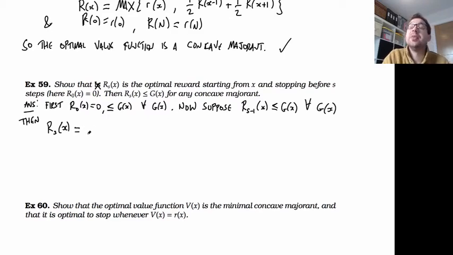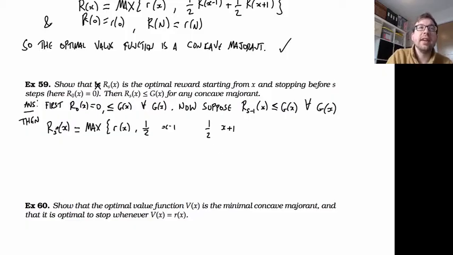So we can compare this with the optimal value function over s minus 1 steps, in a bit the way we did the exercise on Bellman-Ford, or the way we looked at Markov decision processes in finite time. Either we stop, we've got two actions, so let's write down the Bellman equation for this. Either we stop now, in which case we get a reward of little r of x, or we continue one step, half the time we go down one step, and half the time we go up one step.